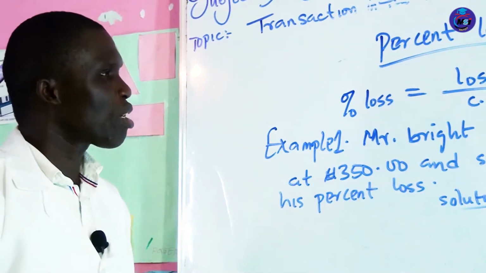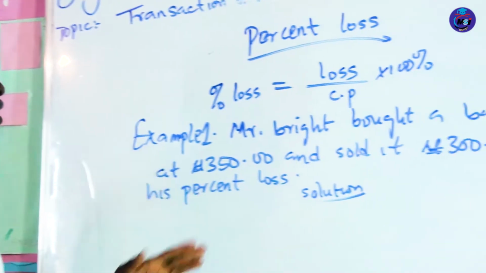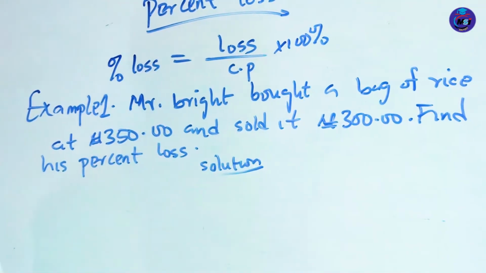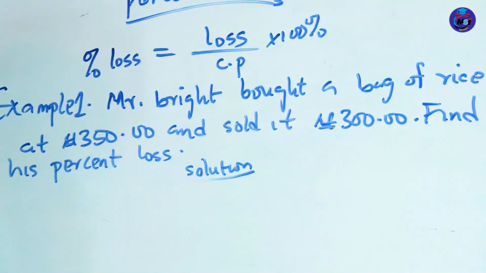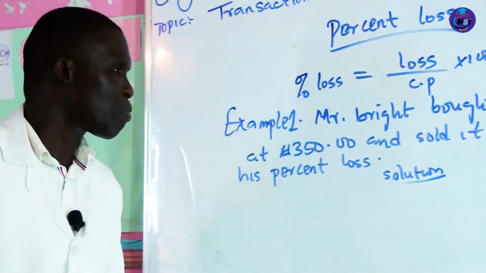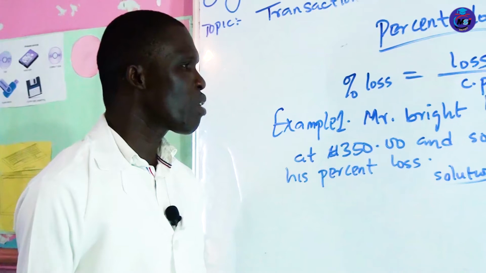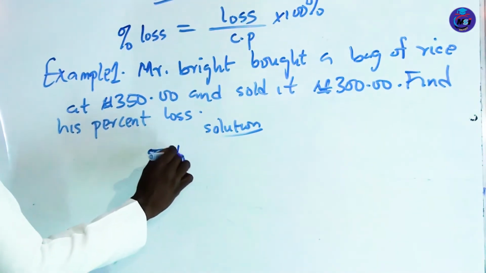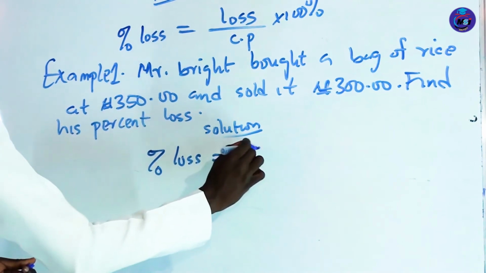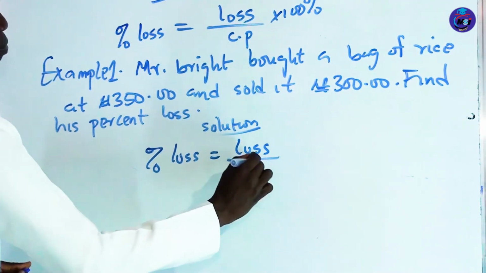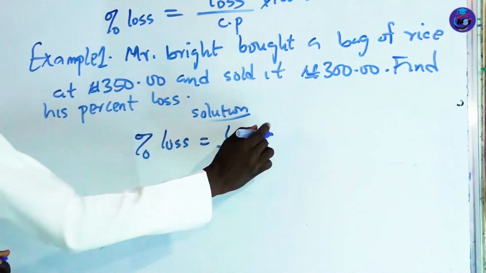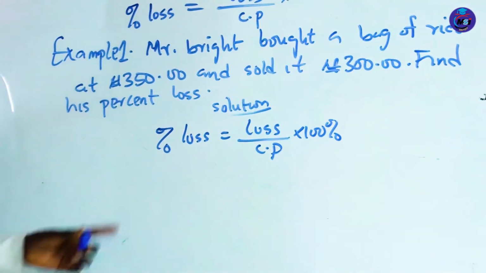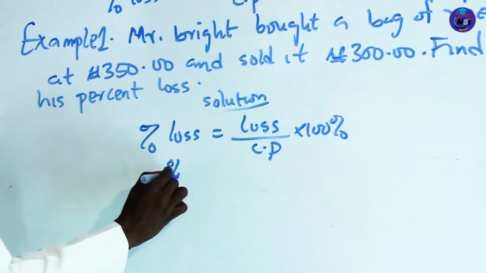Mr. Bright bought a bag of rice at 350 naira and sold it at 300 naira. Find his percent loss. What are we going to do? Our formula is percent loss equals loss all over CP, where CP means cost price, multiplied by 100%.